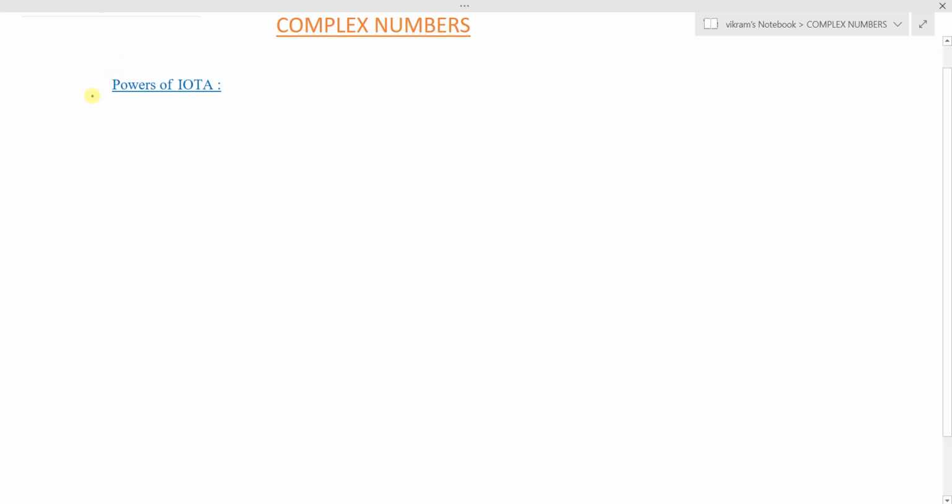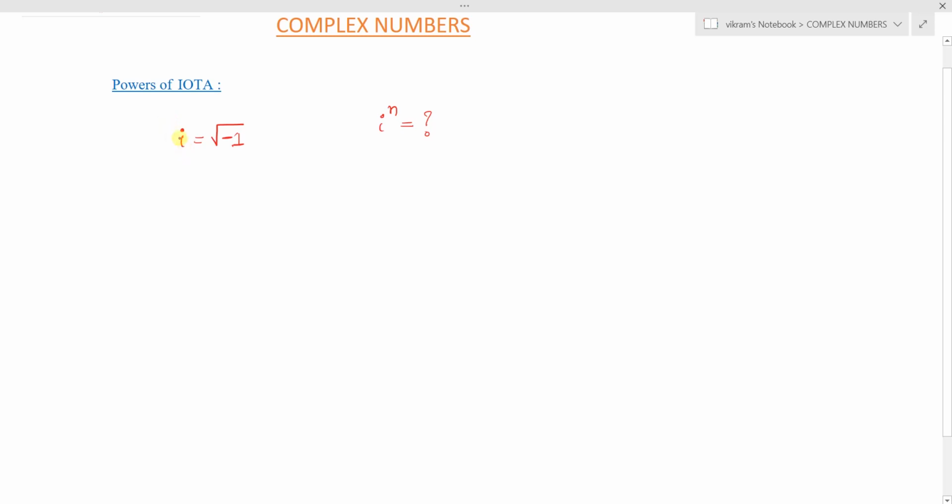We know that we represent i, that is iota, equals square root of -1. Now we will discuss the powers of iota. If i power n, then what is the value? That is what we are going to discuss in this lecture.